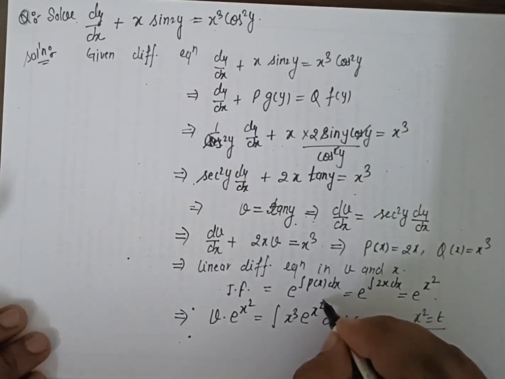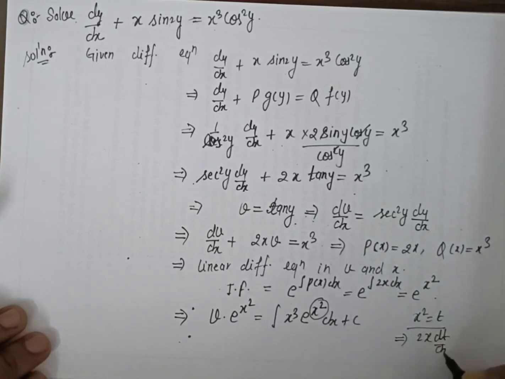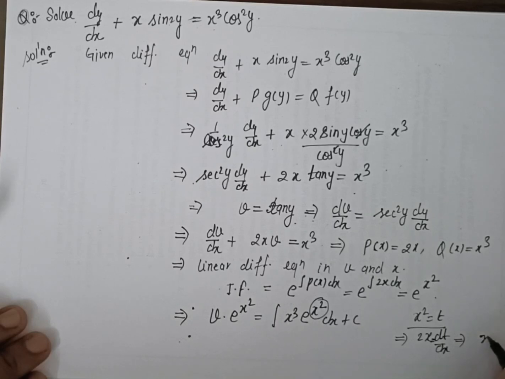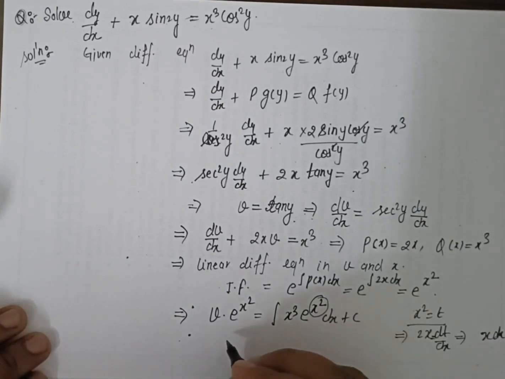Consider this power equals t. So you will get 2x equal to dt/dx. So from here you can write x dx is equal to dt by 2.